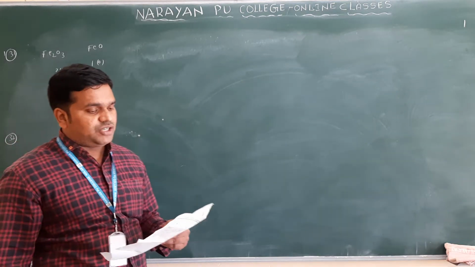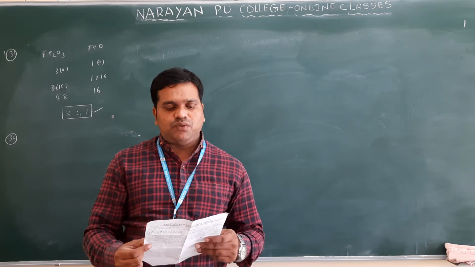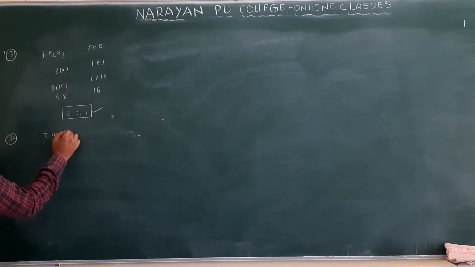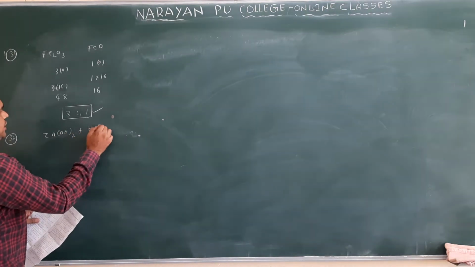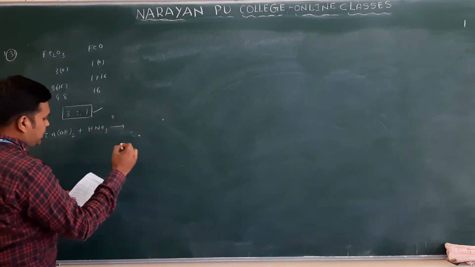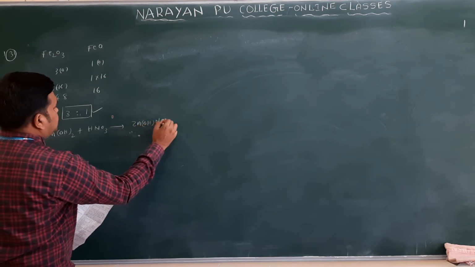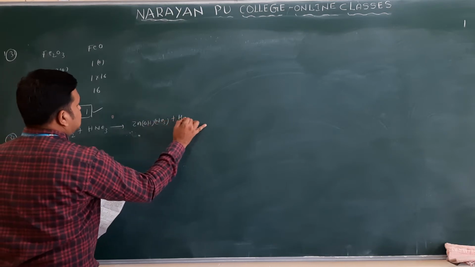The equivalent weight of zinc hydroxide in the following equation is equal to its? Here the equation is Zn(OH)2 plus HNO3 gives rise to Zn(OH)NO3 plus H2O.